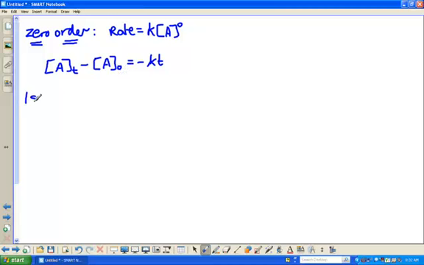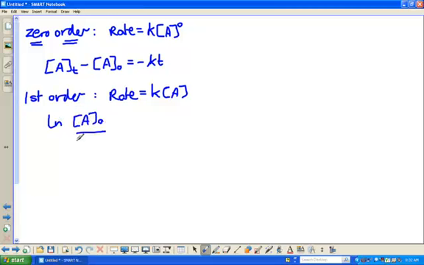All right, let's have a look at the equation for first order. That will be a situation where we have a rate law that looks something like this. And now the relationship is somewhat different. Here we're going to take into account the natural log of our concentrations, and in fact we're going to have this ratio here.